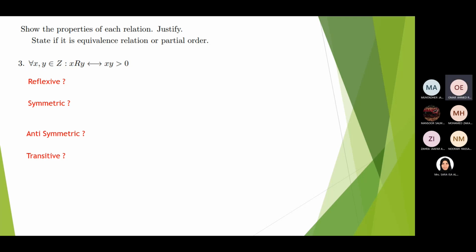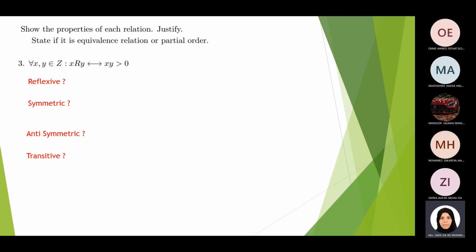I think no, because 0 and 0. So here the relation says X times Y is greater than 0. If I am checking reflexive, I have to check X times X, or A times A, meaning it's related to itself. In this case it will be A square is greater than 0.